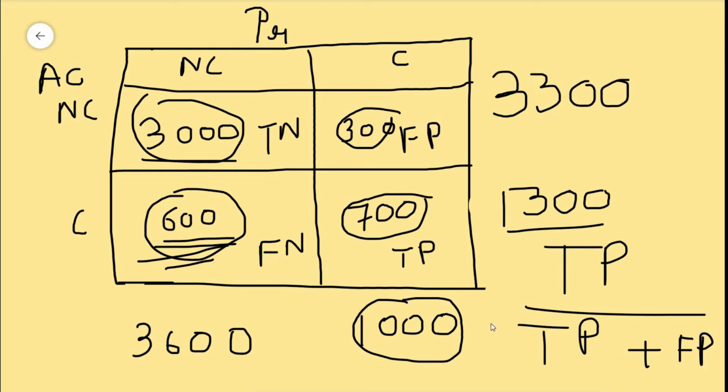So out of 1000, how many are actually positive? What is the percentage actually belonging to class 1? So this precision metric tells us that percentage. If we do the calculation here, it will be 700 divided by 700 plus 300. So 70% of the time our model is predicting correctly.